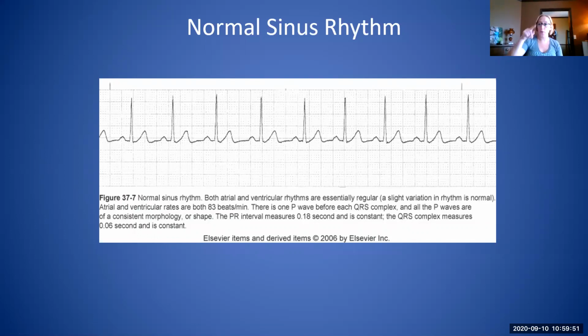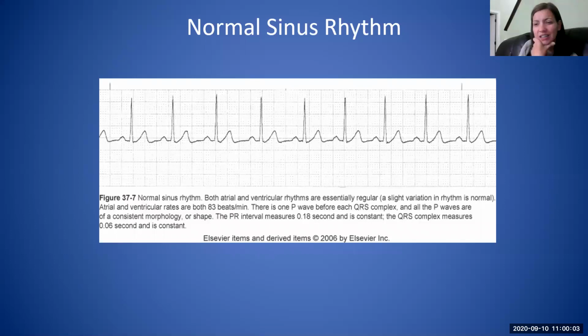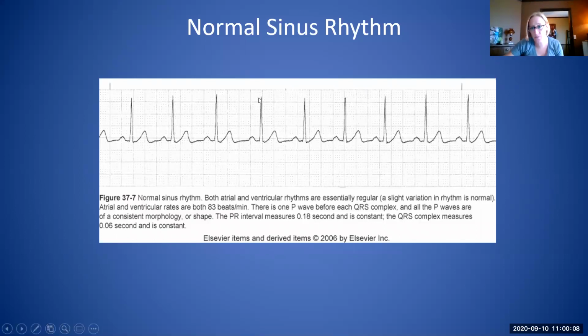Then you just count your QRS complexes in between each one of those little tick marks. So looking at this rhythm strip, what's our heart rate? Is it 80? Yes, it's 80, not 90, because this one right here is just outside that mark. So you don't want to count that one.